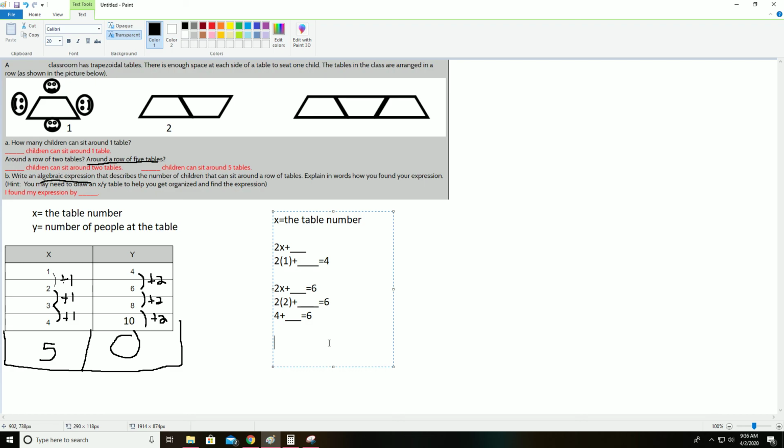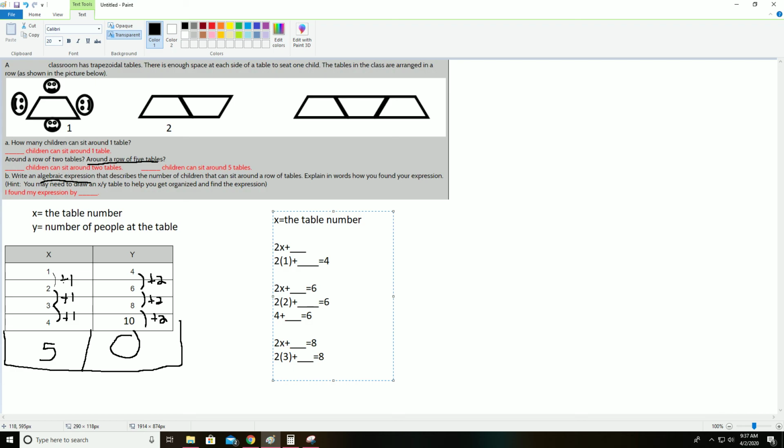Let me show you another one of these for figure 3 here. So we have 2x plus a number equals 8. The 8 is this right here. So I'm using the x here and the y here. So when I go down here, I just say 2 times 3, and the 3 is coming from right here, plus a number equals 8.